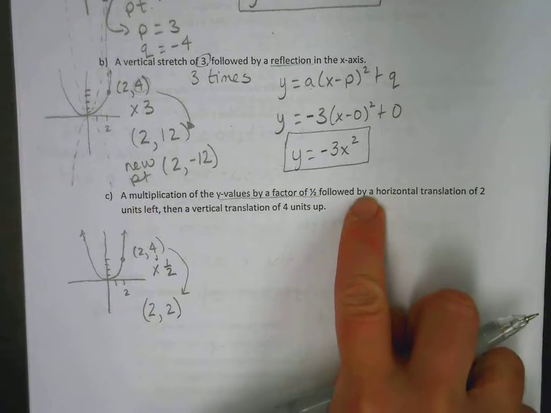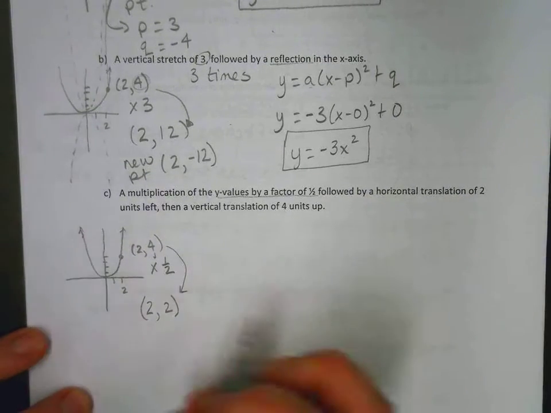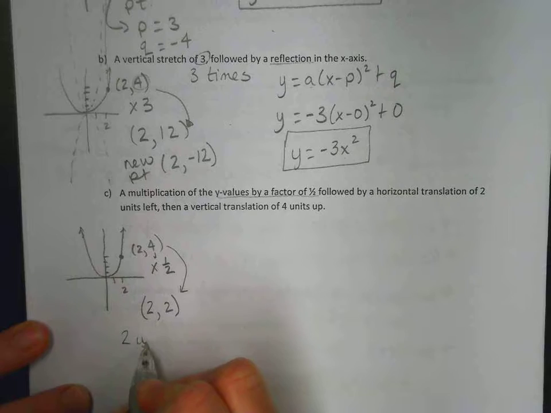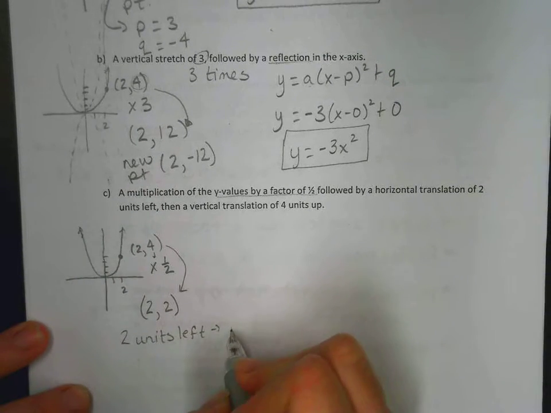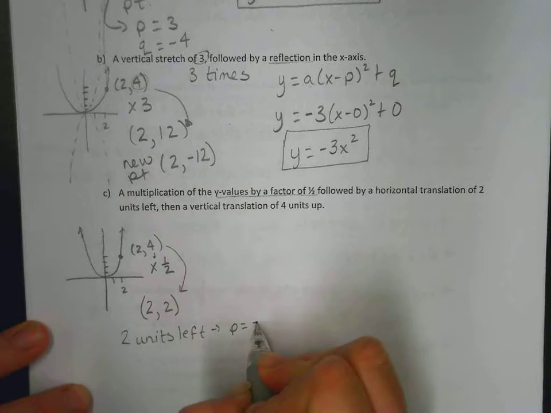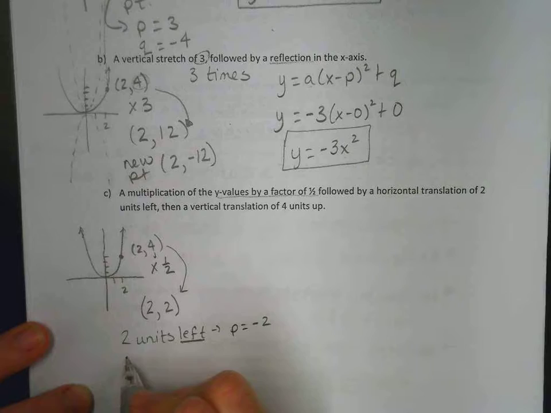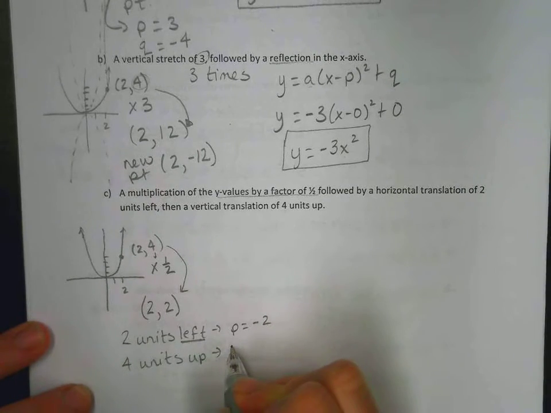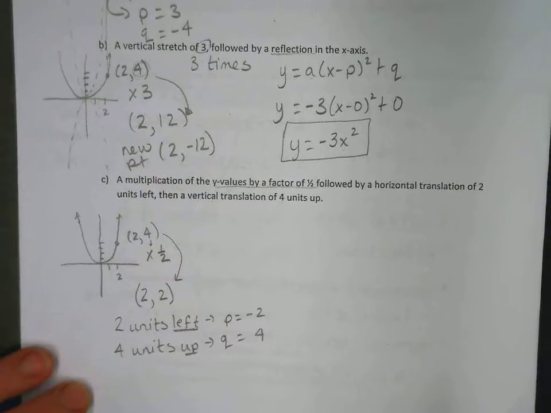Now I'm going to apply a horizontal translation of 2 units left. So now I'm going to go 2 units left. That would mean my p value would have to be a negative 2 because left is a negative direction. And 4 units up would mean my q value would have to be a positive 4 because up is a positive direction.